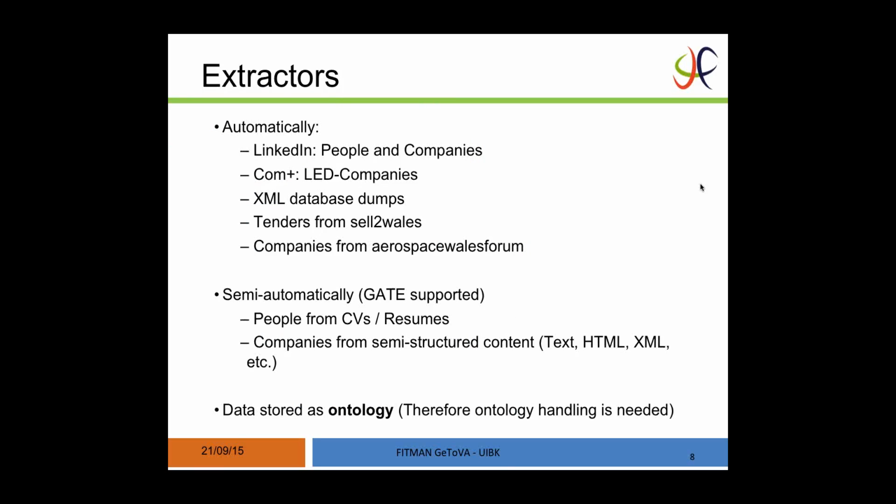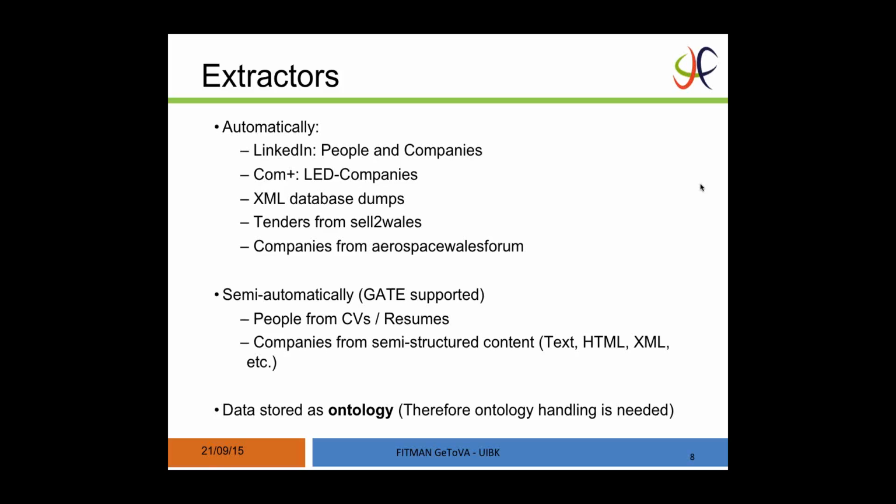So which kinds of extractors does our platform provide? For automatic extraction, which means there's no further processing necessary by the user, we automatically extract data from LinkedIn. There we can extract people and companies fully automatically. For our Complex use case, we extract the LED companies from our LED company page.